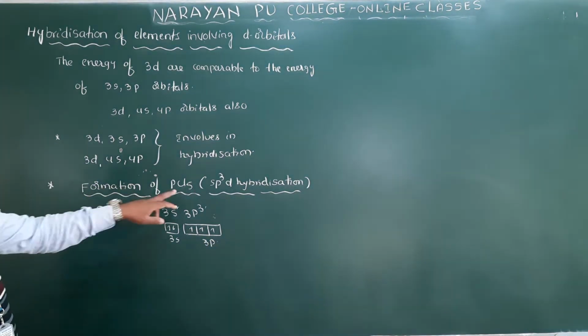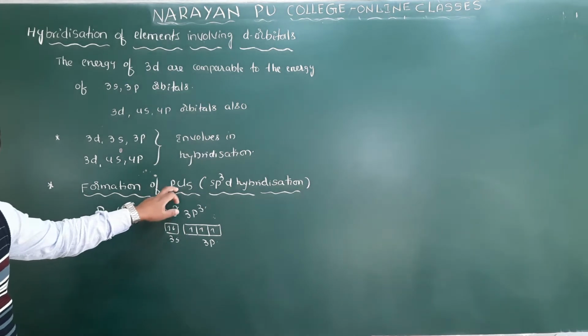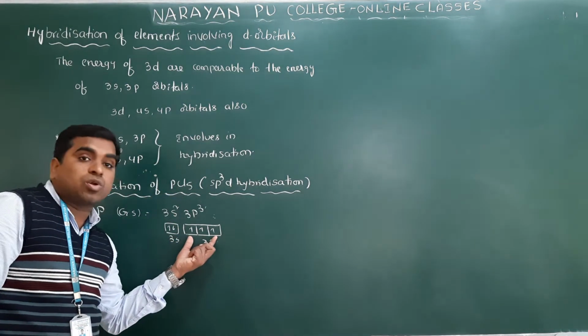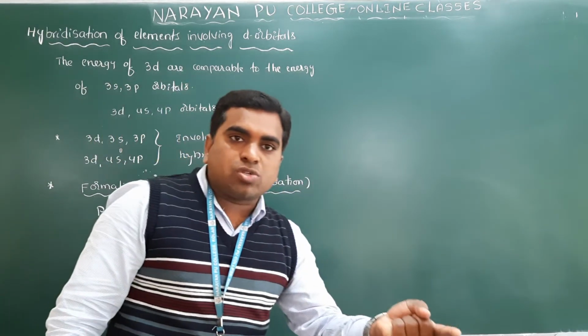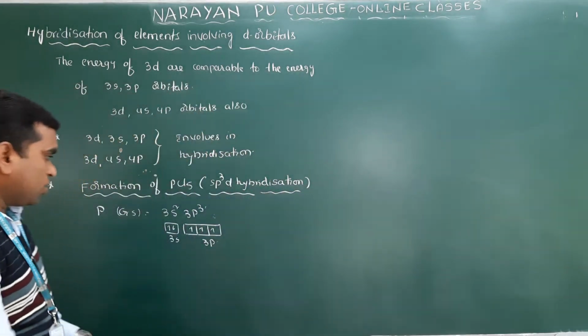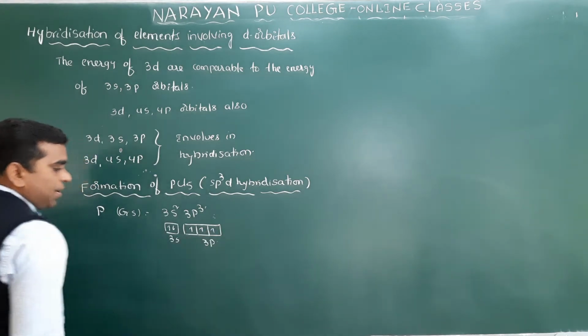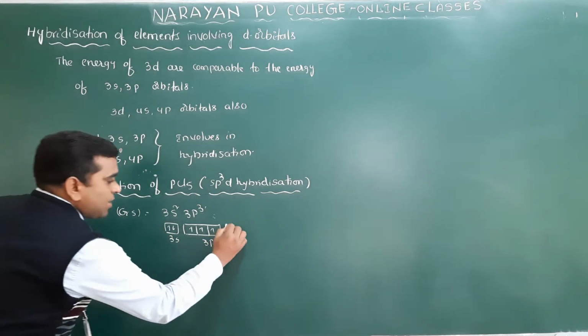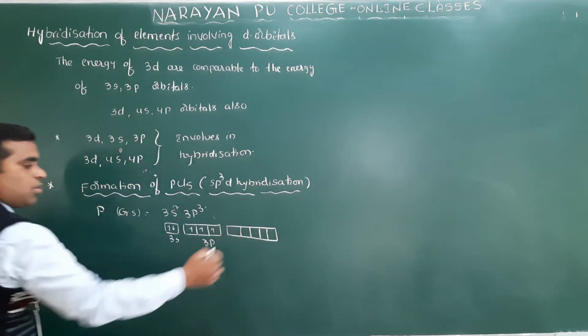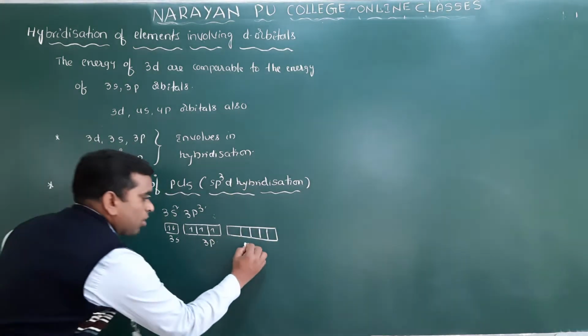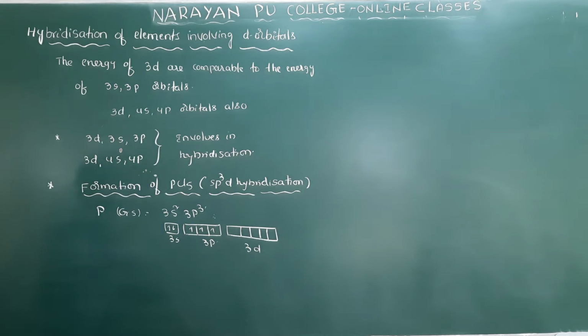But phosphorus is forming how many bonds here? 5 bonds. 5 bonds means 5 unpaired electrons should be present, because those unpaired electrons only participate in the bond formation. But here only 3 unpaired electrons are there. So next, the 3d orbital will come. 3d orbitals are empty here.